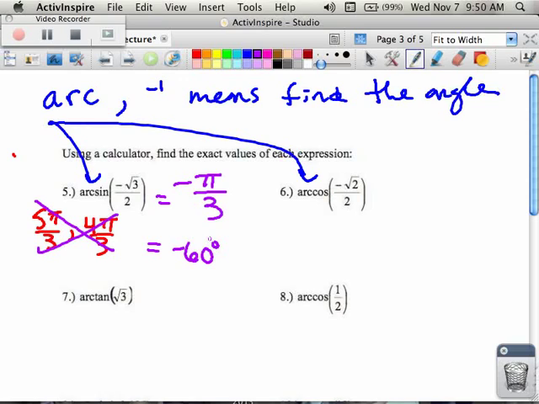Go back and look in the box on the previous slide. When you're talking about sines, the only answers that you can give me are between negative 90 and positive 90.